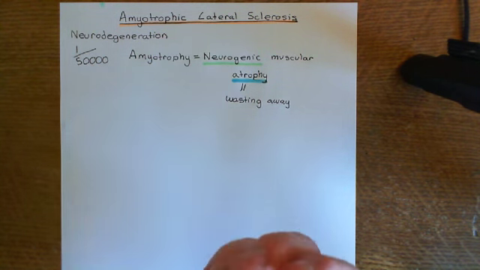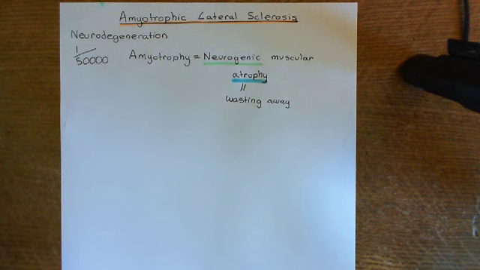The motor neurons that innervate them are going to degenerate. And if you don't have motor neurons innervating you anymore, then you're no longer getting any sort of trigger to ever contract, and therefore gradually you waste away, because you're no longer needed, you're not being used at all, because the neuron is no longer there.